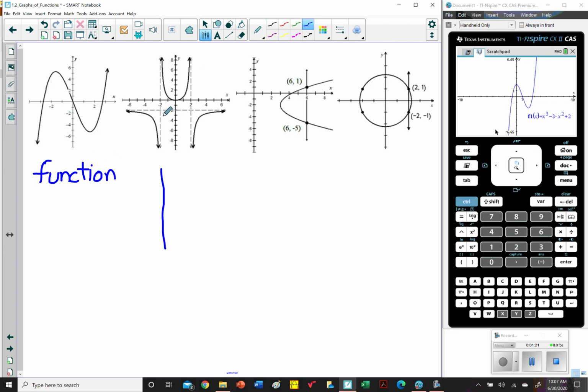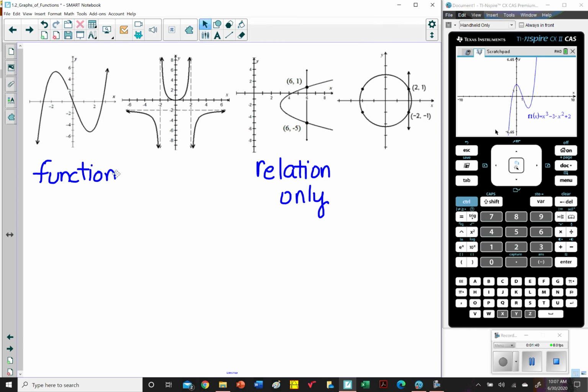And then you can see on the third one that I've got the line drawn here. This one is just a relation. And the same for this one, the circle, it's just a relation. So using that vertical line test, you've done that many times before in Algebra 2. So we'll copy those. The first two are functions, and the second two are just relations.